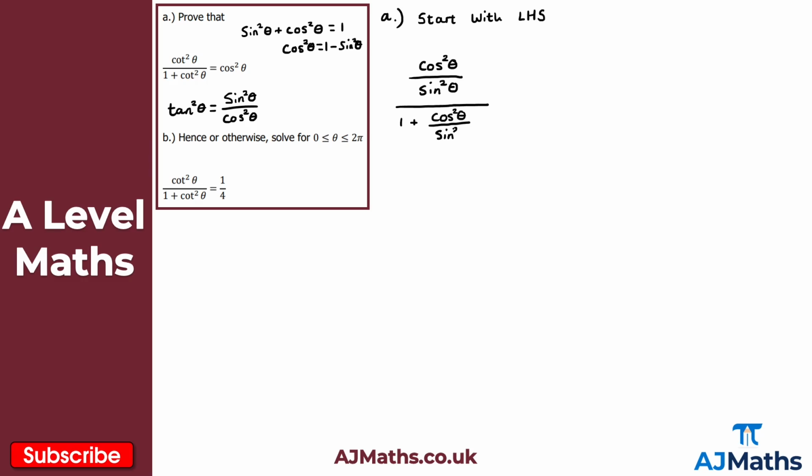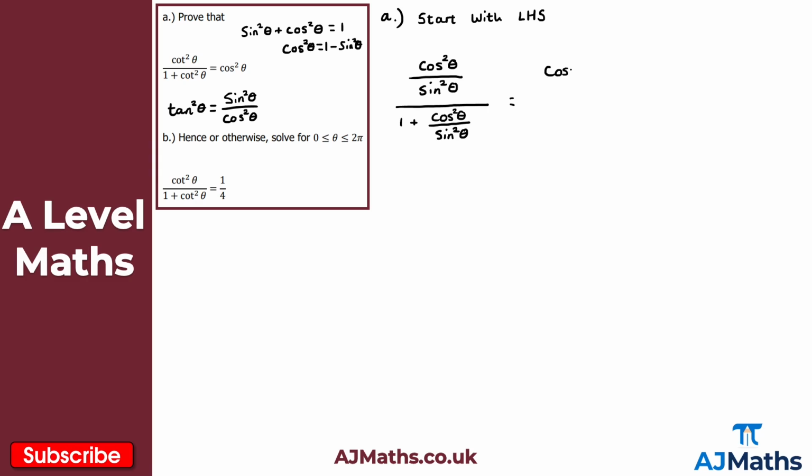At this point, it does look a little bit messy. So what can we really do? Well, I can't really do anything with the numerator in its current form. However, with the denominator, 1 plus cos squared theta over sine squared theta, what we can do now is get this over a common denominator.